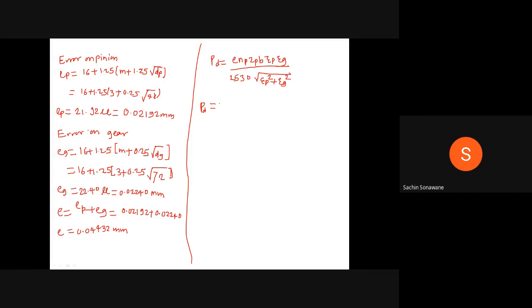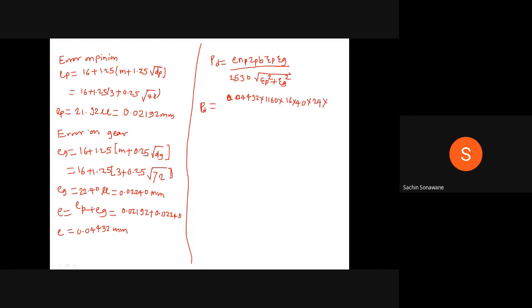Substitute the values: 0.4432 into 1160 into 16, ZP is equal to 16, into B is equal to 40, into RP is equal to 24, into RG.